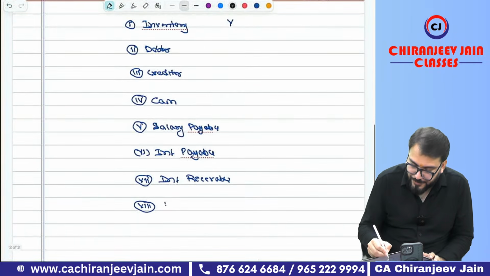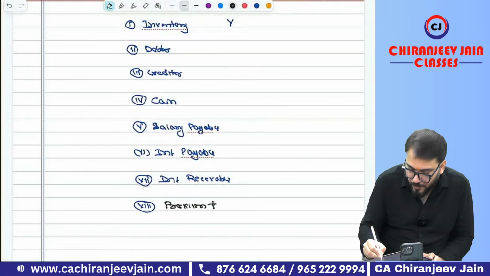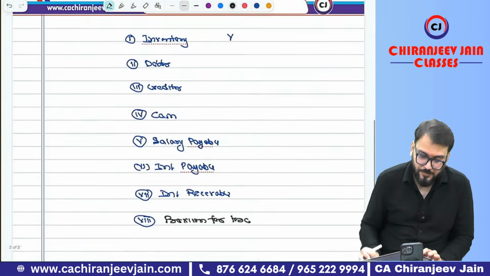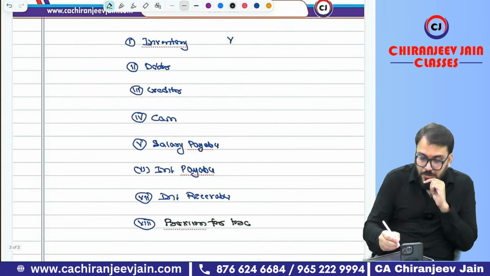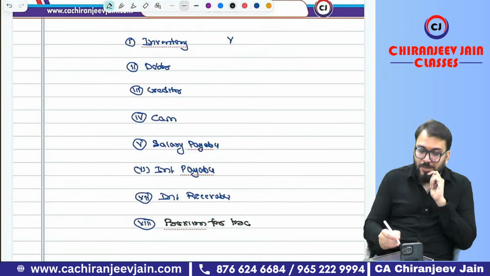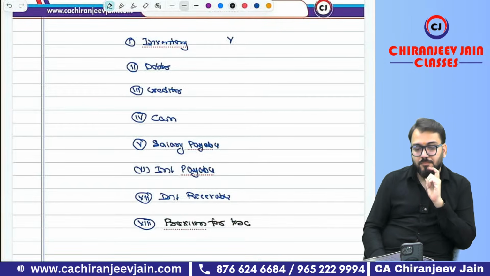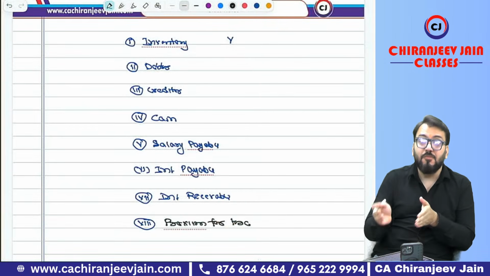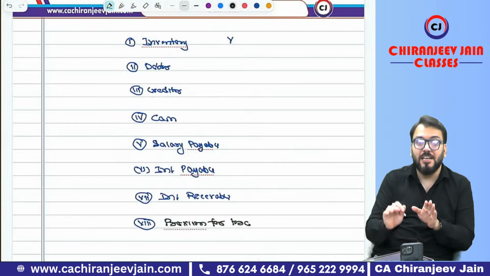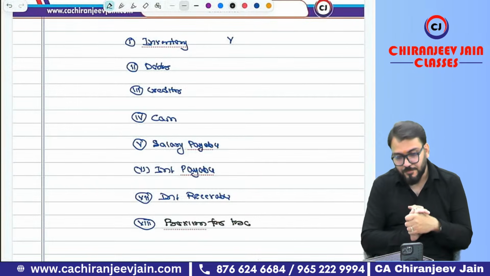Point number eight, provision for tax. Tell me, you'll say one by one: 1 yes, 2 no, like this, so that I can understand. Yes means it will be considered, no means it will not be considered for changes in working capital.